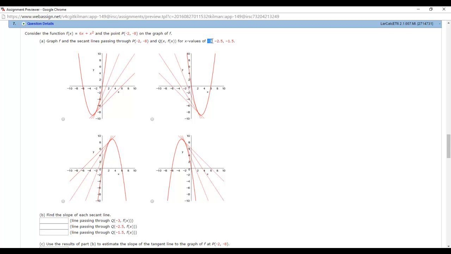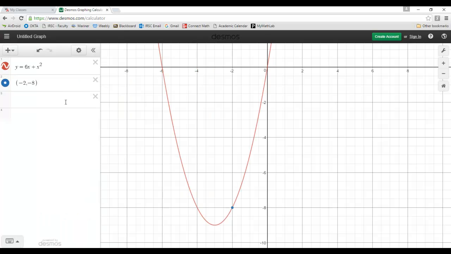So we have the point negative 3, negative 9 on our graph. So that's the first point. We want to find a secant line in conjunction with the original point. Okay, so we want to find the equation of the line. Well, we don't have to find the equation. Well, I am.